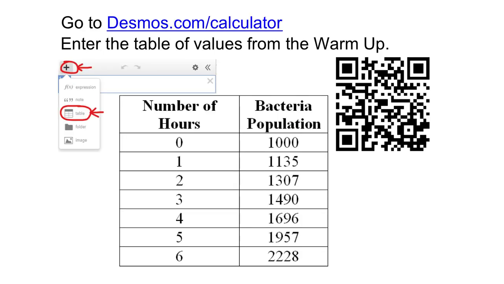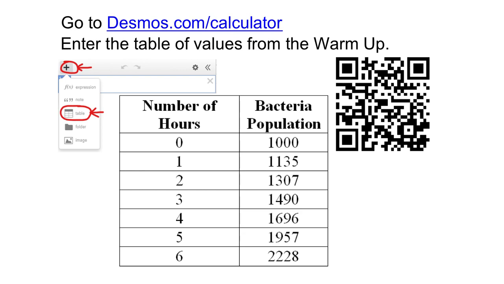We're going to try to make a graph with a curve of best fit for the data that I had in the warm-up. So go to desmos.com/calculator. If you've never used this before, it's a very easy to use graphing calculator.